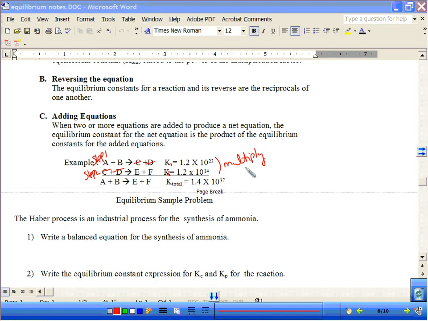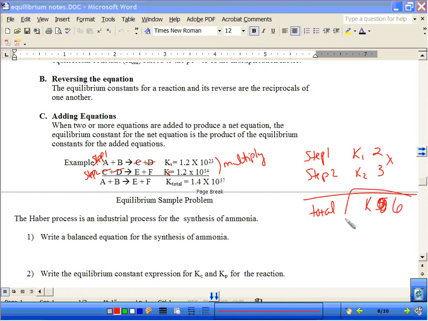That times that equals that. So if in step 1 the K was 2, and in step 2 the K was 3, and step 1 and step 2 with no changes added up and equaled the total, to find the K for the total, you simply multiply and you would get, not 5, you would get 6. K would be 6. Okay, so it's as simple as that. I don't think there's any of that in the homework.